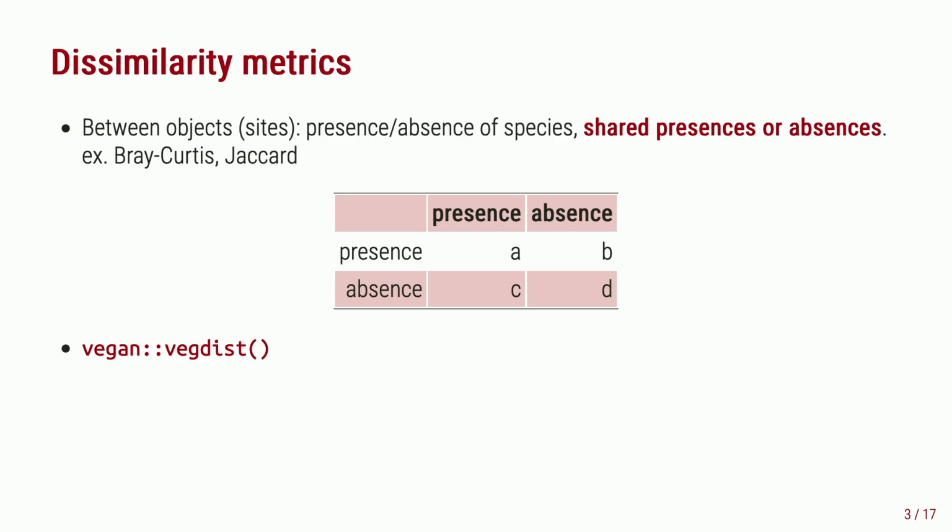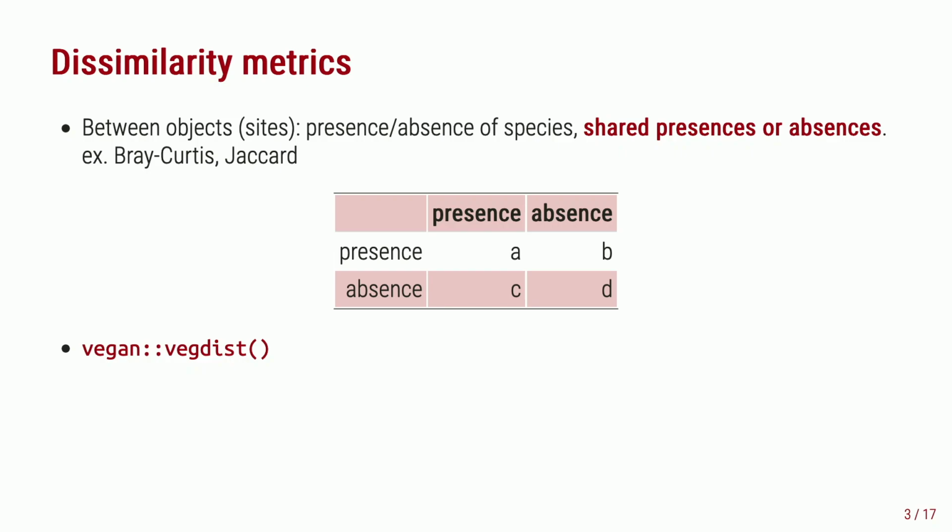Some dissimilarity metrics give lots of importance to the sharing of species. If you have the same species, this is going to be more important. So A will have more weight in the dissimilarity metrics than D, for example. And others are balanced between the shared presences and the shared absences.